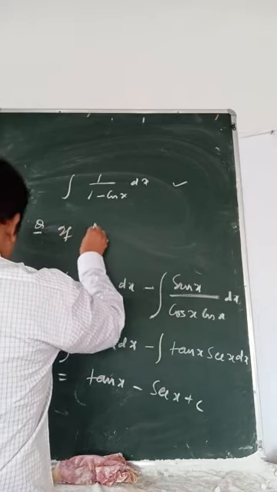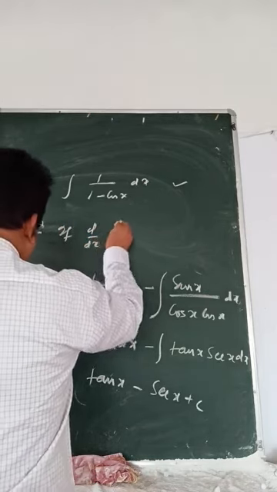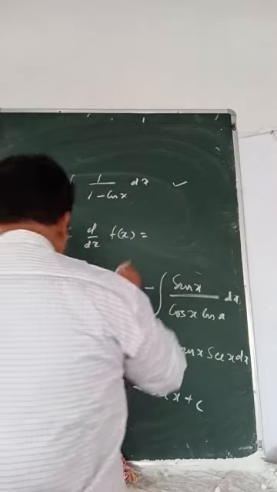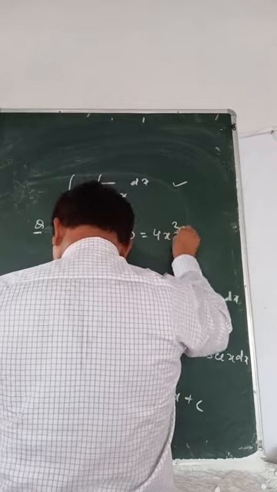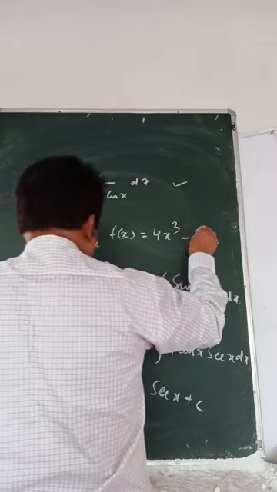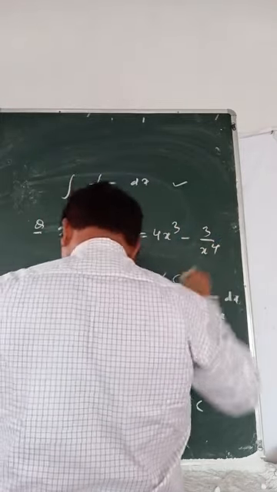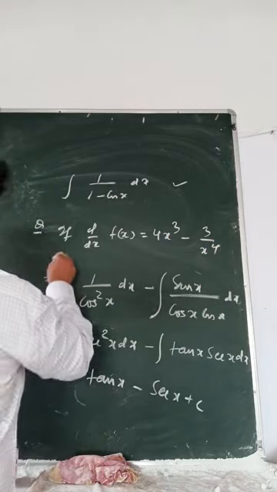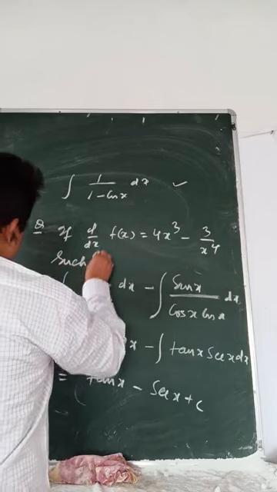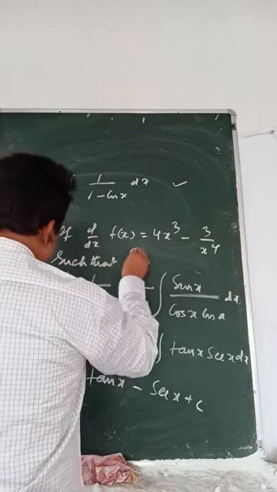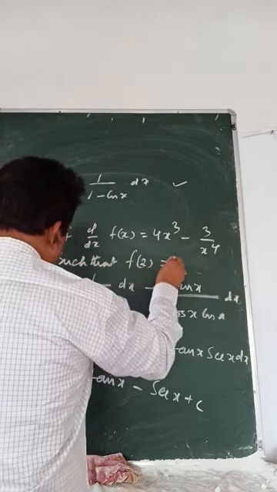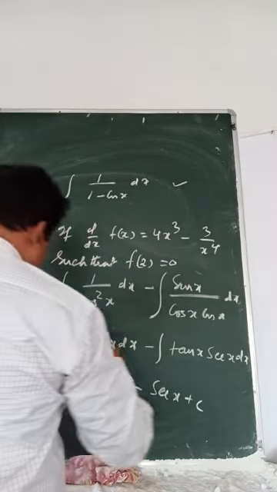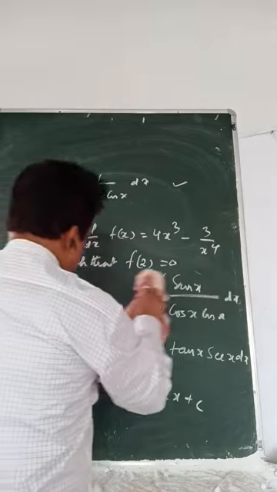if d/dx of f(x) equals 4x cube minus 3 by x to the power 4, such that f(2) equals 0, then find f(x).